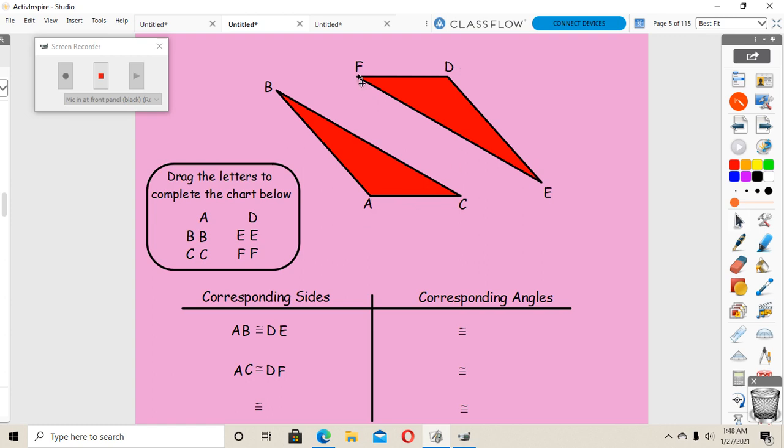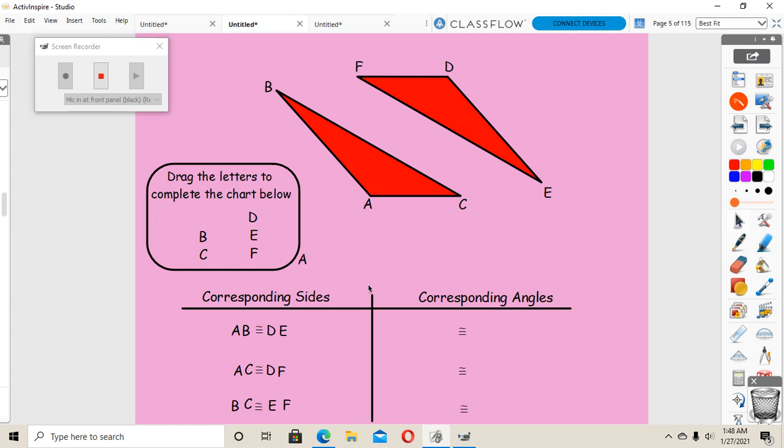Then we have the third one, BC. Side BC is congruent to EF. E and F. Now the corresponding angles.